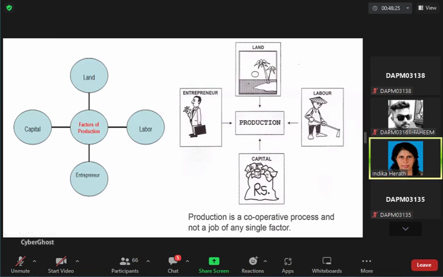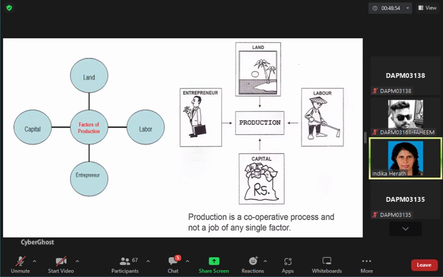So in this course, we are not going to talk about who is an entrepreneur, because you have other courses doing that. And also capital, how to invest and all those things, we will not be talking much about that, but there will be some point where we talk about capital, and that is for selecting the best land for a particular purpose.